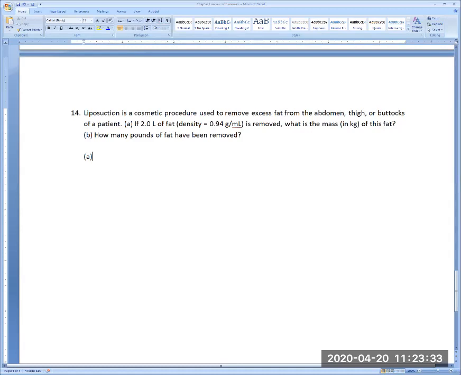You know that density relates grams to milliliters, or mass to volume. Here, density is given in grams per milliliter. Because of its complex unit, density is always used as a conversion factor. So here we can tell that density will be used as an equality that will say 0.94 grams equal 1 milliliter. That's what it means, really, from density.